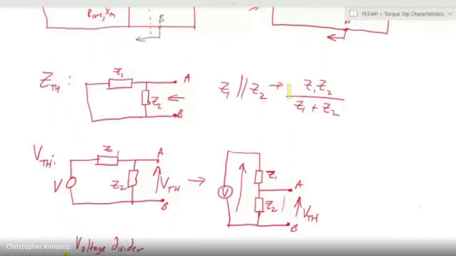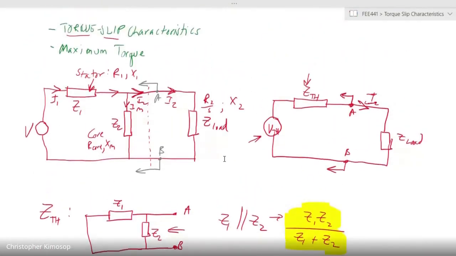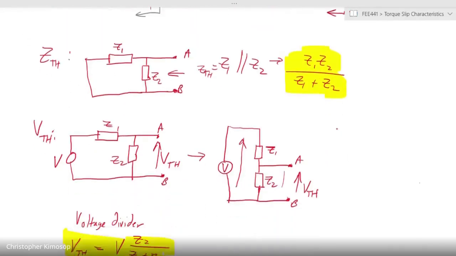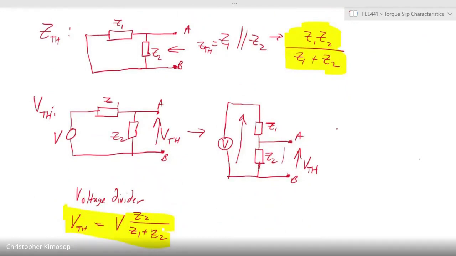So Z Thevenin is looking like that, right? So, quick review on that. If we want our Z Thevenin, it is given by that, and our V Thevenin is given by that. Now, this is the kind of circuit that we look for.